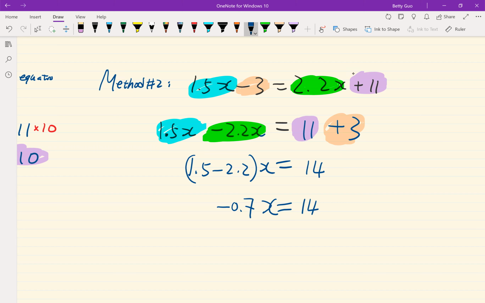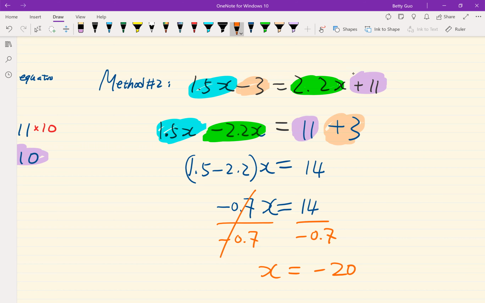And one more step. How do we isolate the x? Divide both sides by the coefficient, right? The coefficient we got is negative 0.7. So they cancel, x is isolated on the left. And you use a calculator again. You will have a negative answer. What is 14 divided by 0.7? The same thing, right?